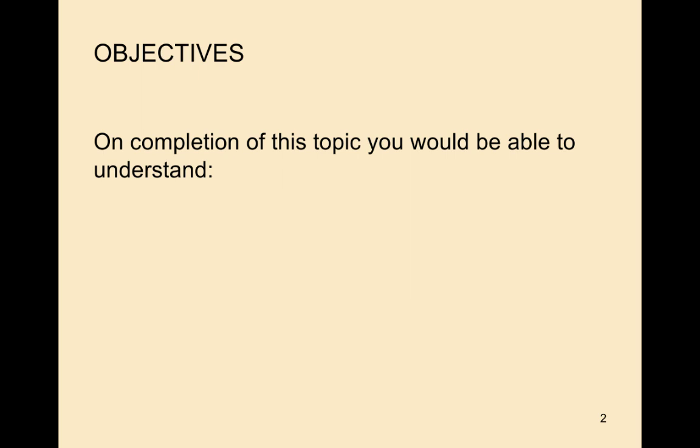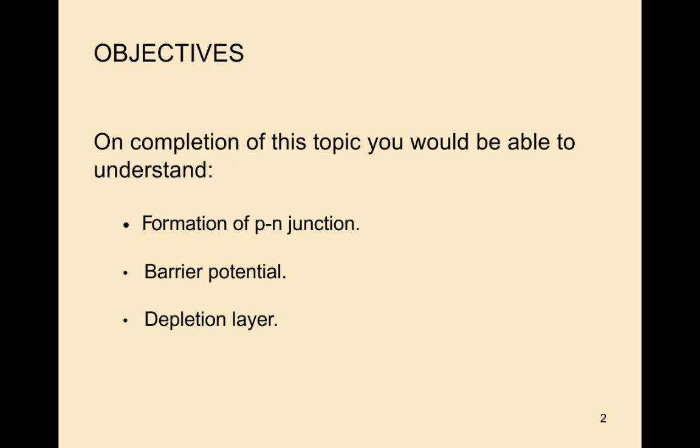The main objectives for today's topic are, on completion of this topic, you will be able to understand the formation of the p-n junction, barrier potential, and depletion layer. You will understand how the p-n junction is formed, what is meant by barrier potential and what is meant by depletion layer.